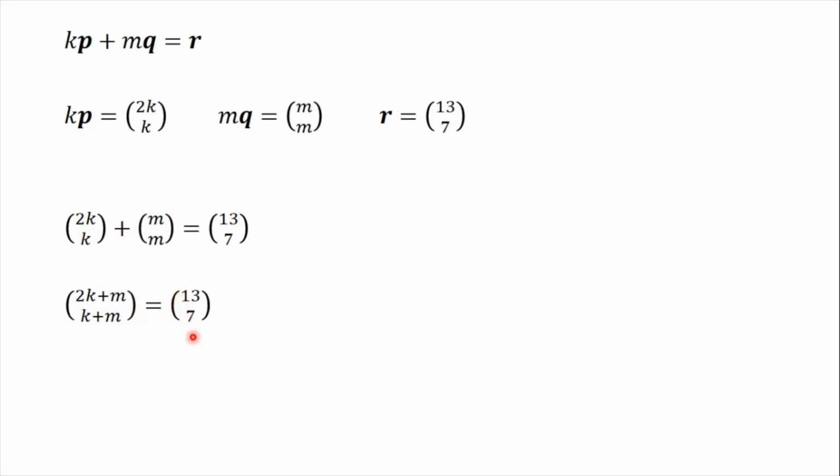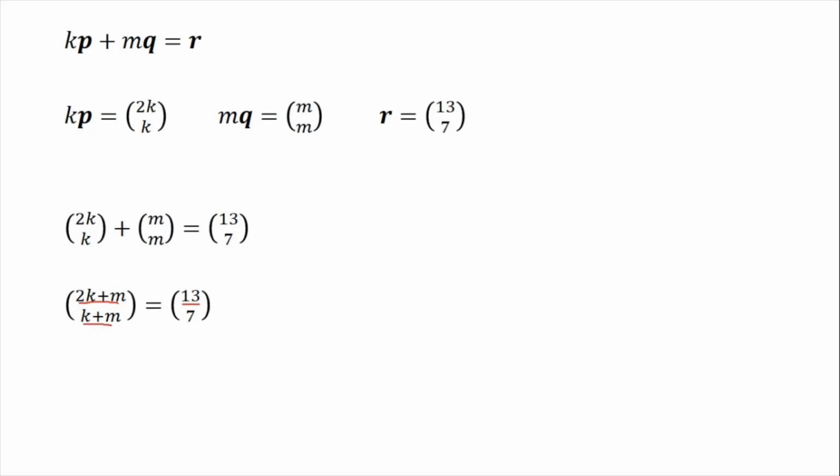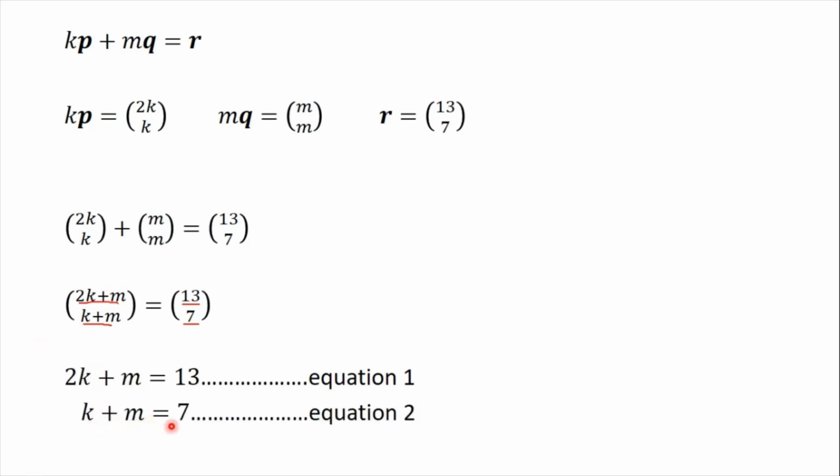We just learned under equal vectors that if two vectors are equal, then the x component of one vector is equal to the x component of the other. Because these two vectors are equal, we can say that 2k plus m is equal to 13 and k plus m is equal to 7. So 2k plus m equals 13, we will call that equation 1, and k plus m equals 7, we will call this equation 2.